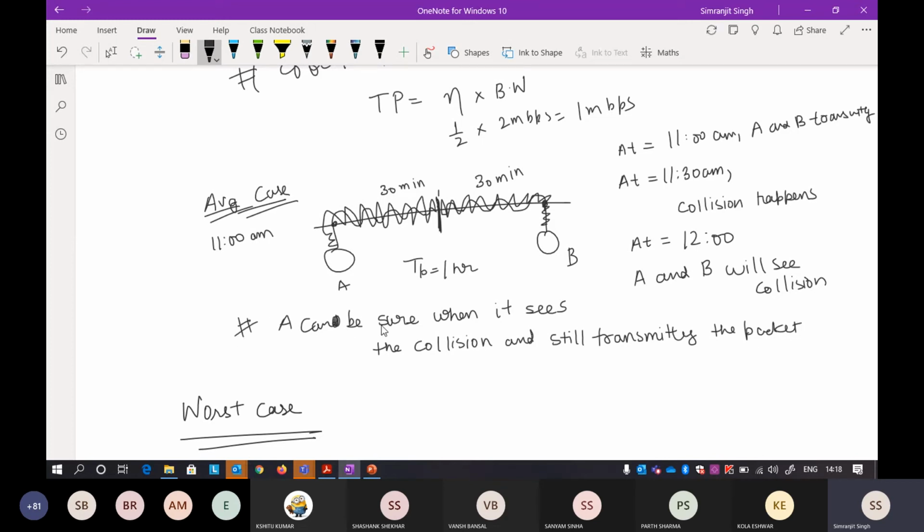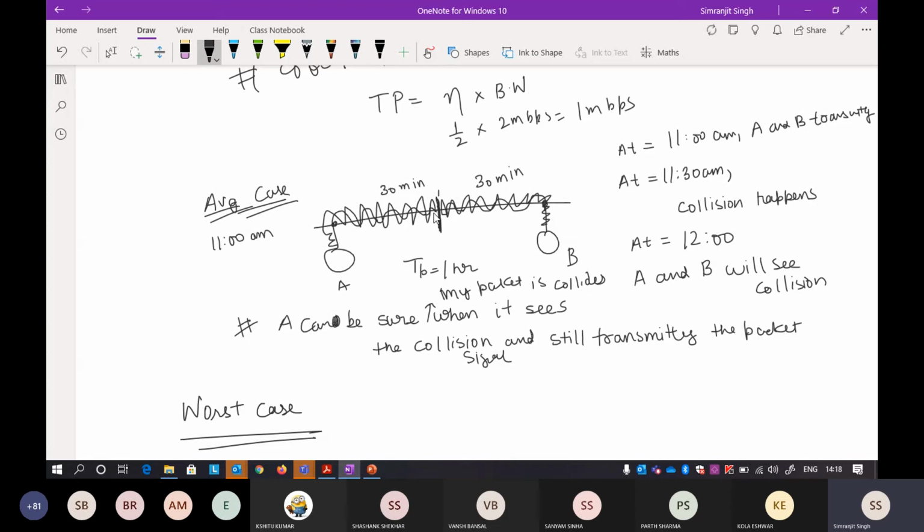A can be sure that its packet has collided when it sees the collision signal and is still transmitting the packet.